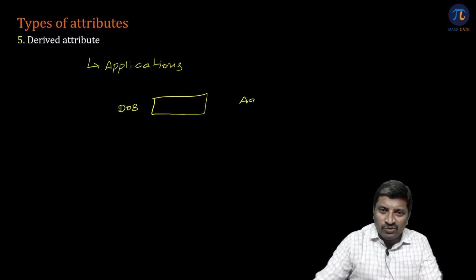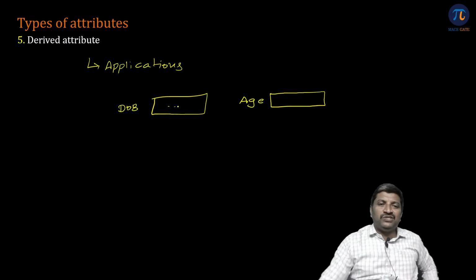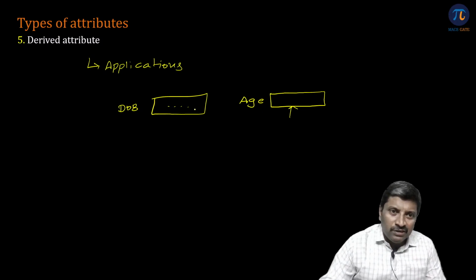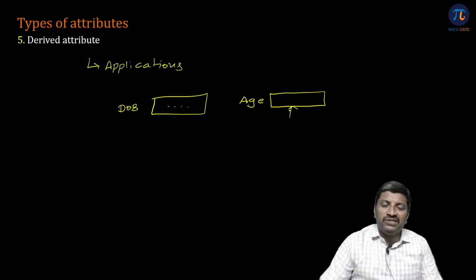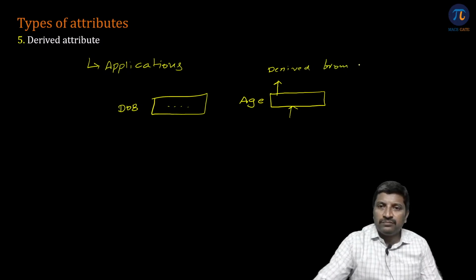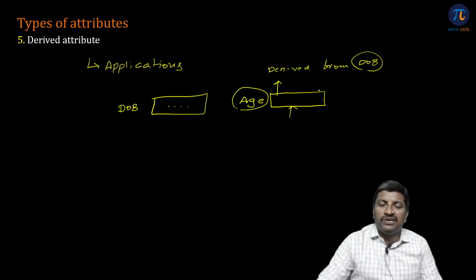There is one more field which is age. Whenever I enter the date of birth, automatically age will be displayed. This is an example of a derived attribute. Age is derived from date of birth.